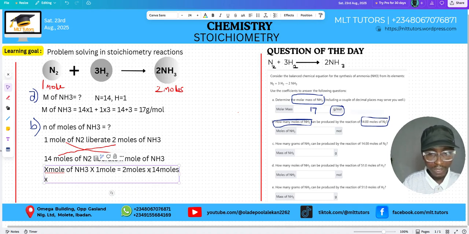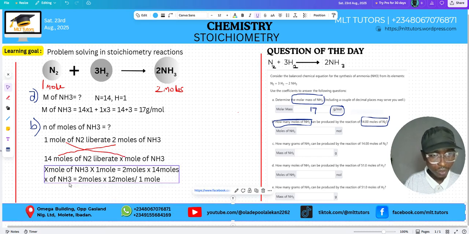That means x mole of ammonia will now be equal to 2 moles multiplied by 14 moles divided by 1 mole.